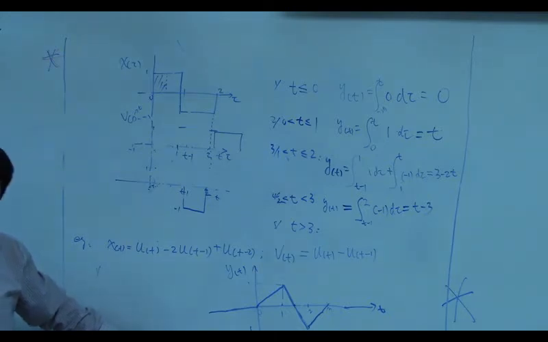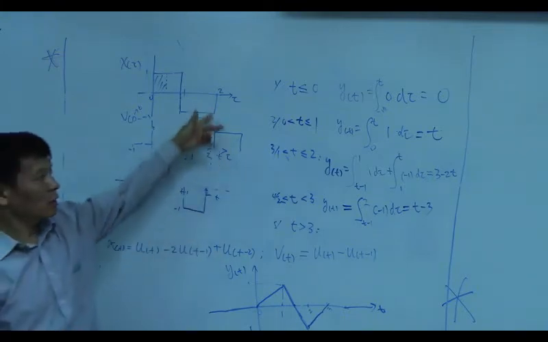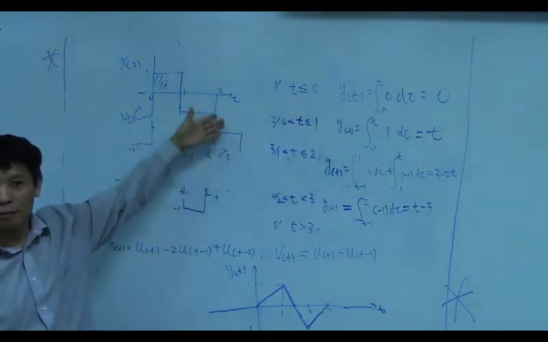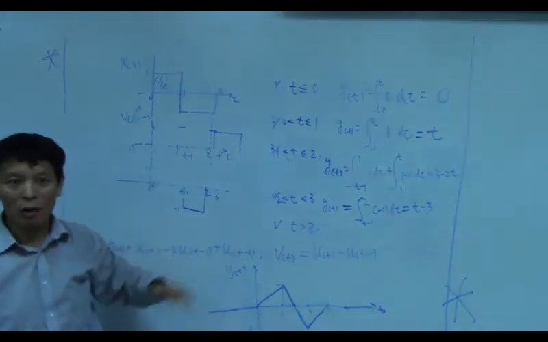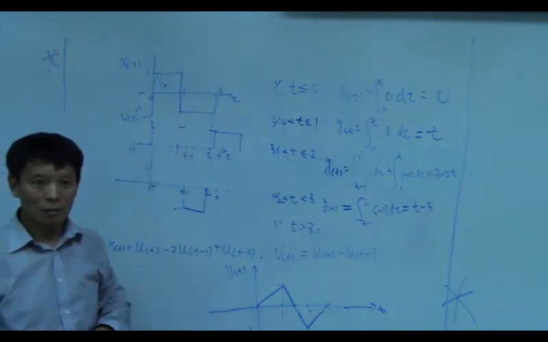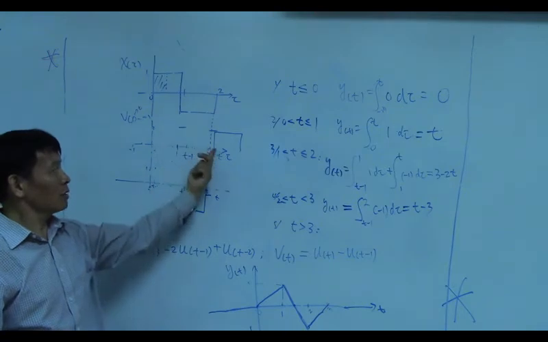Huh? 0. Perfect. Everybody can see why it is 0? Because the product equals 0. This one times this, they both have no overlap. This part is non-zero, but this one equals 0.